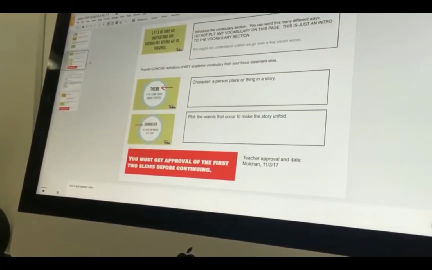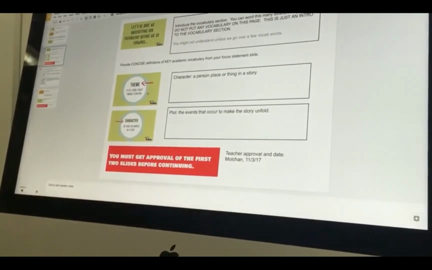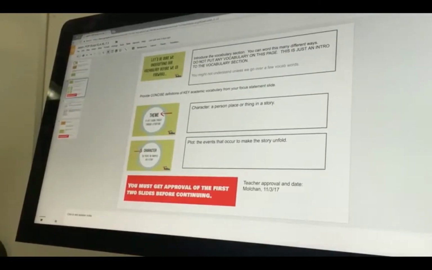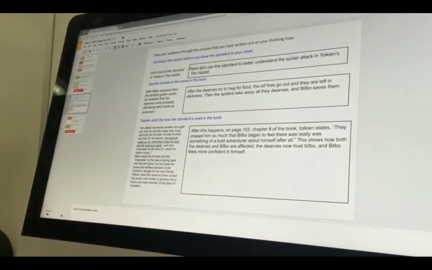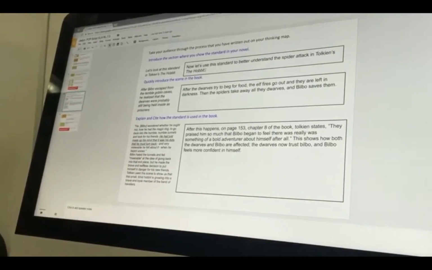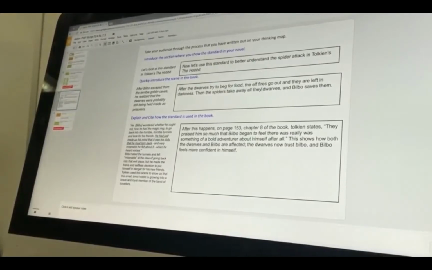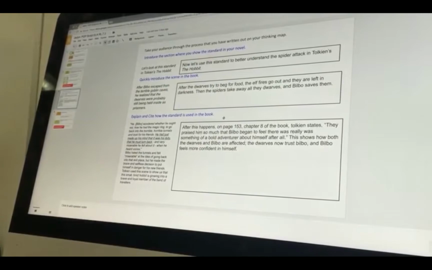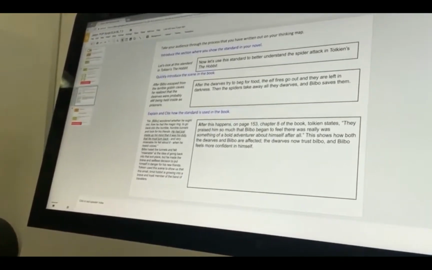And then the second one is vocabulary. You have to introduce it in the first slide, and then the two other ones, you have the vocabulary word and the definition. And then the next one, you introduce the book, which in this case is The Hobbit, and then you explain the event that you're going to be talking about and how we're going to use the standard to show how the plot changes the character.